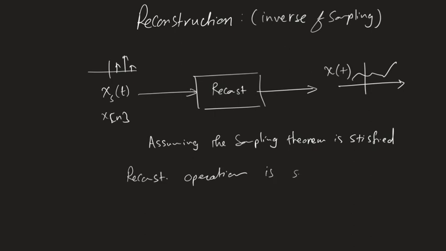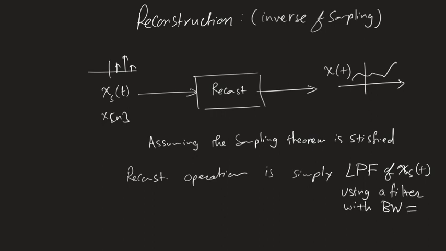It is simply low pass filter of x s of t, using a filter with bandwidth equal to B, where B is the bandwidth of our original signal x of t. So if you use a low pass filter with bandwidth B on your sampled signal, what you will get out of that filter is going to be simply your continuous time signal perfectly back again.